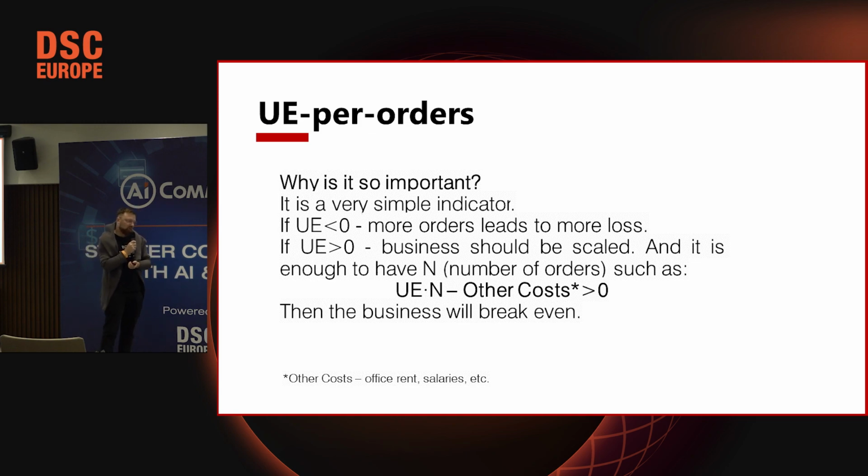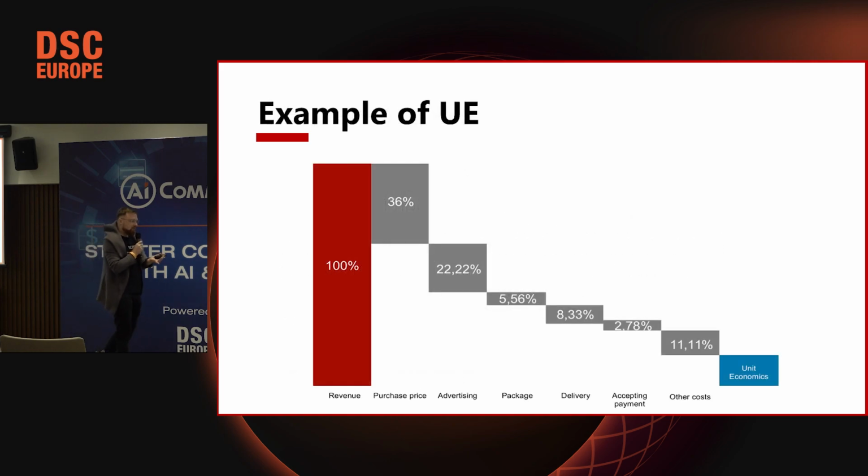A lot of investors pay attention to this measurement, and the third benefit of this measurement is that you can easily find the break-even point if you multiply unit economics by n, where n is the number of orders. You can find the easy formula on the slide for how to find the break-even point, and it's important for investors. And simple unit economics can be understood with a diagram.